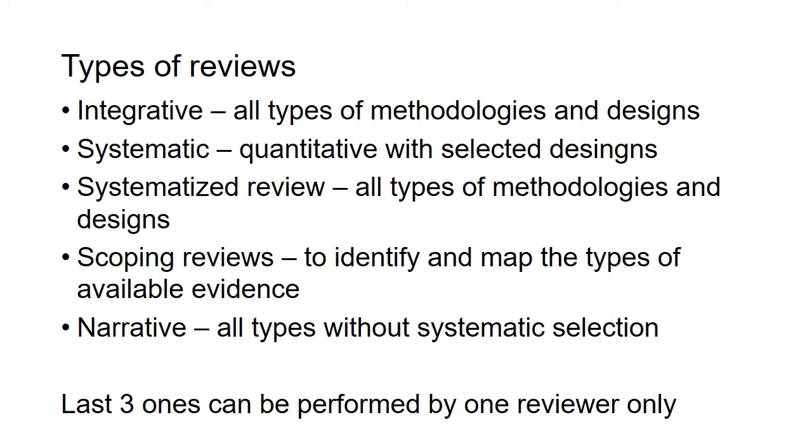Scoping reviews are the kind of types where maybe a wide topic will be inspected by reviewing what we overall know about that particular topic, and we can include and map all types of available evidence like research studies, different types of reviews, expert opinions, and guidelines.